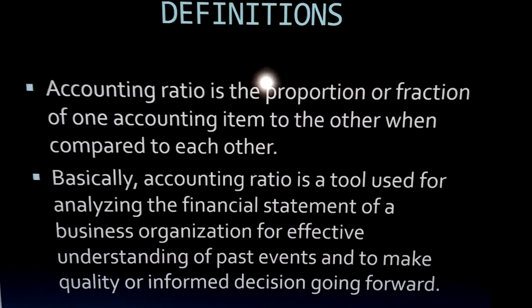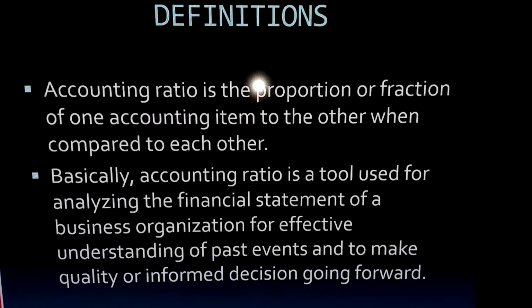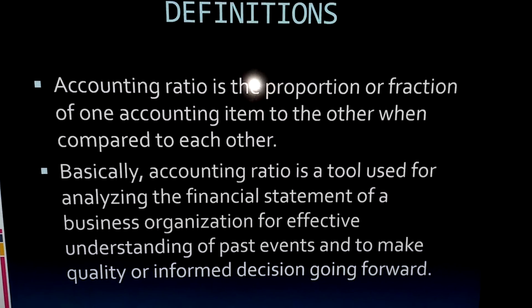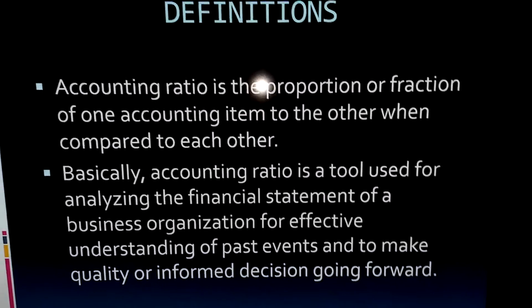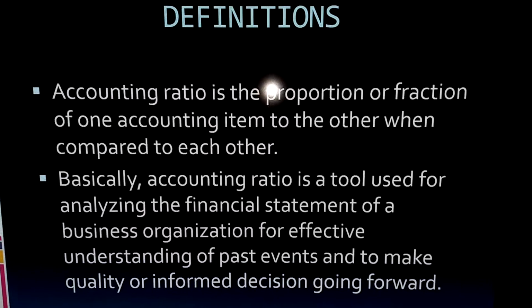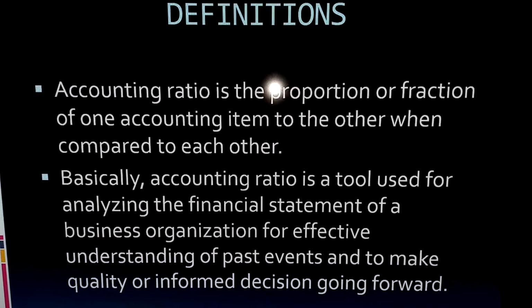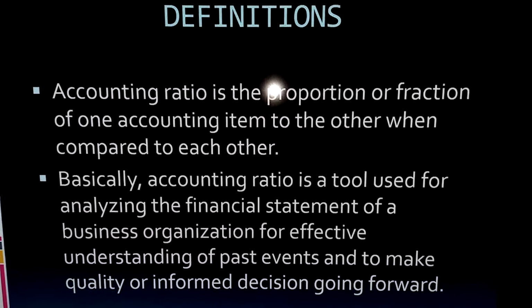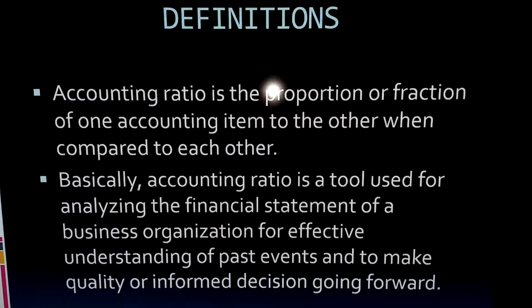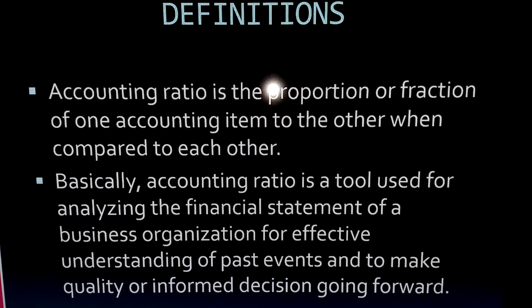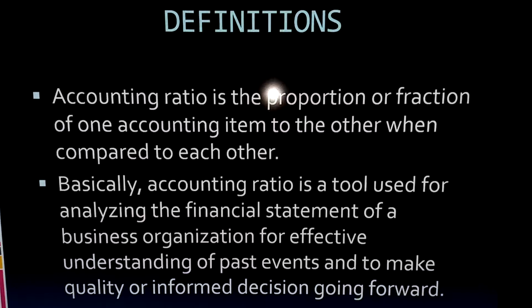So the bottom line here is that you're trying to see the proportion or the fraction of one accounting item compared to the other. When you do that, you are using accounting ratios to interpret or analyze the financial statement.